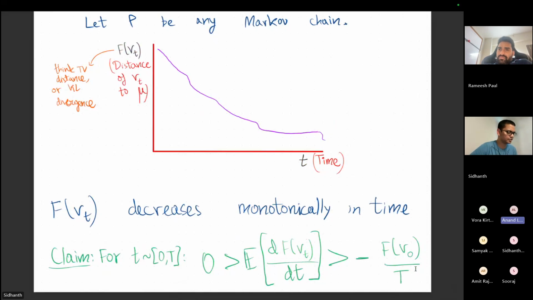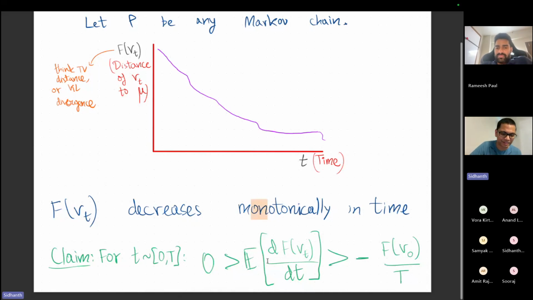Yeah, and about this claim, is it not true if we don't have the expectation here? It seems like the rate of mixing usually just gets slower, right? Yeah. Actually, at some point we were also wondering about this: is it the case that the derivative itself is also monotone in time?